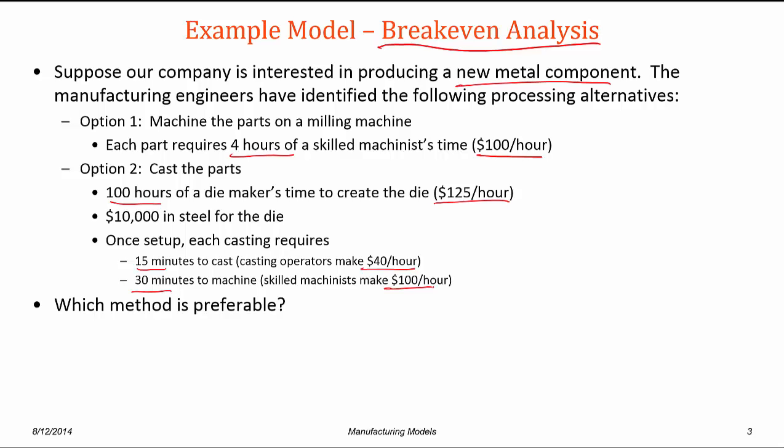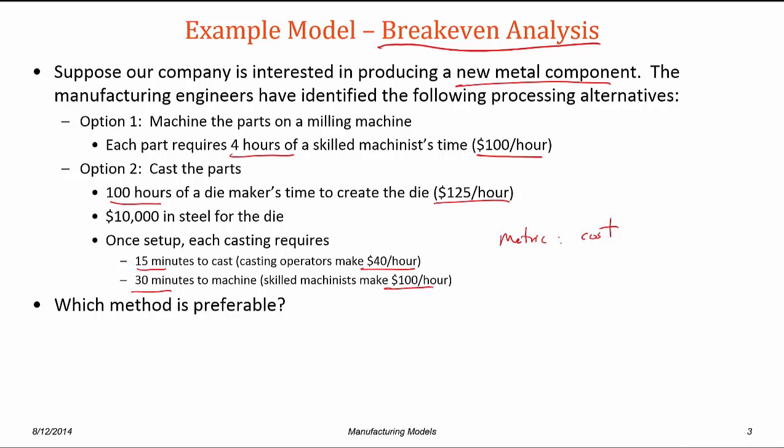In order to make this decision, the first thing we have to decide is what's the basis for the decision. What are we going to use as the metric to select option 1 versus option 2? Our metric is going to be cost. We want to compare the cost of option 1 with the cost of option 2 and make the decision on the basis of that cost.